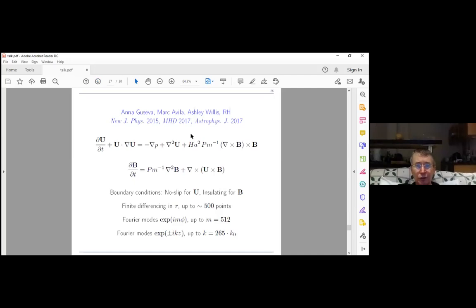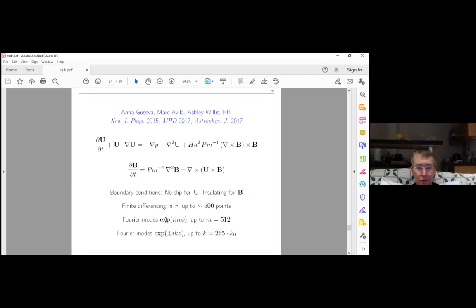Suppose we want to do the full nonlinear equilibration of some of these problems, so fully 3-dimensional calculations. This is work where Anna Guseva, who was a PhD student, was amazingly good. She developed this big, complicated, fully 3-dimensional code, and she parallelized it and everything. And we did lots of calculations there.